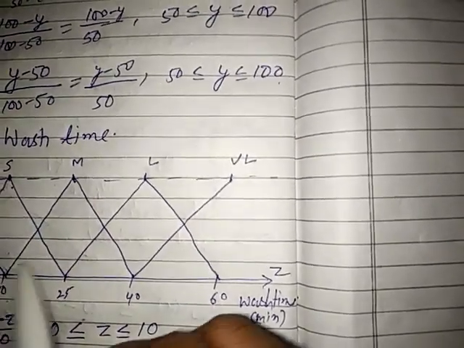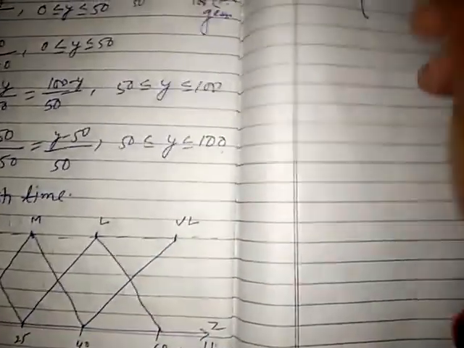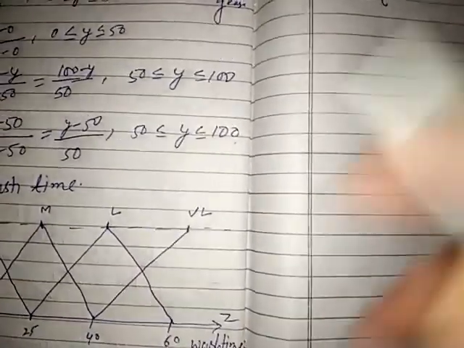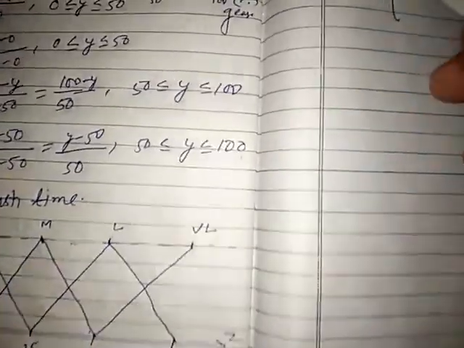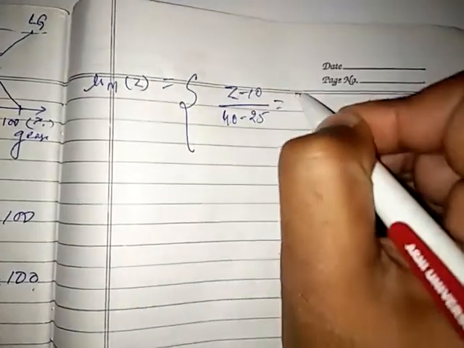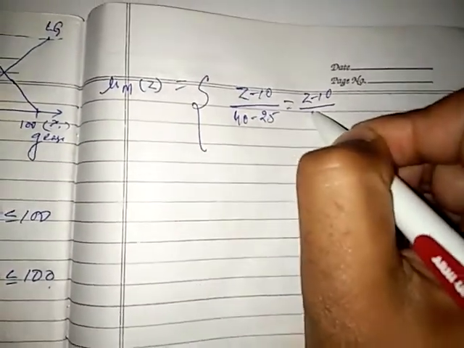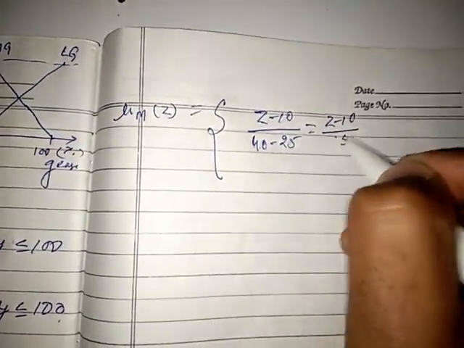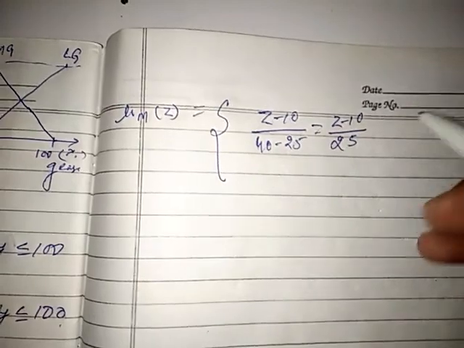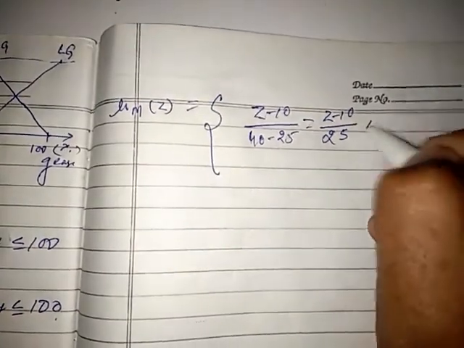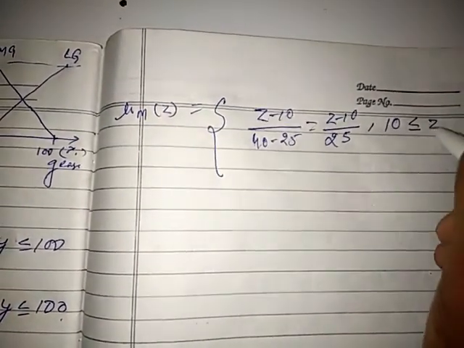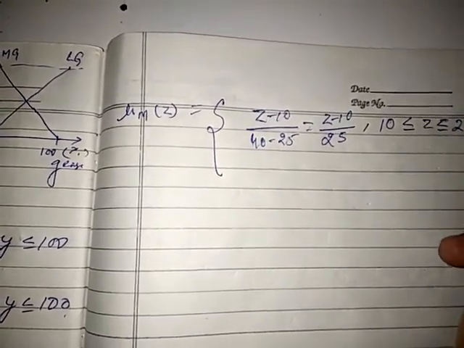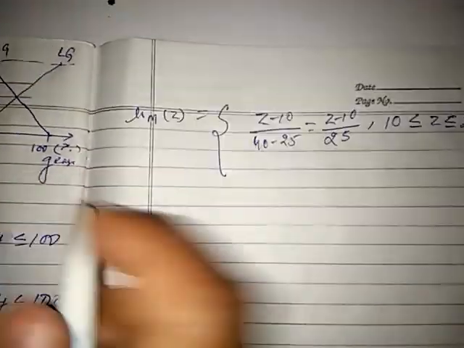For the forward, z minus 10 divided by 25 minus 10, so the range is 10 to 25.